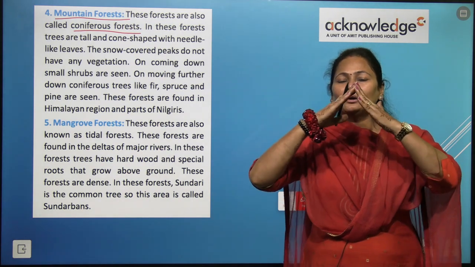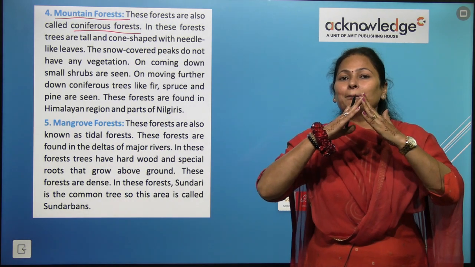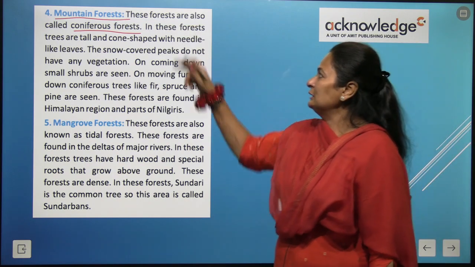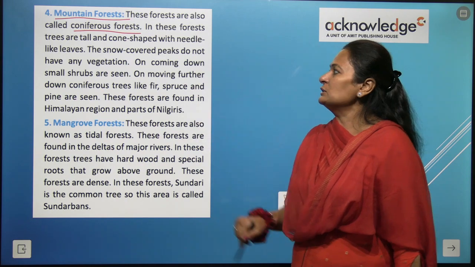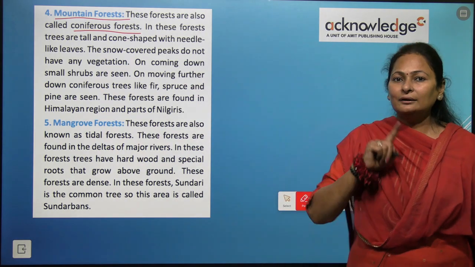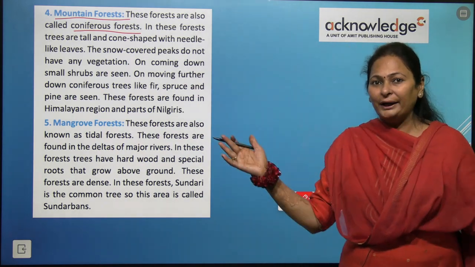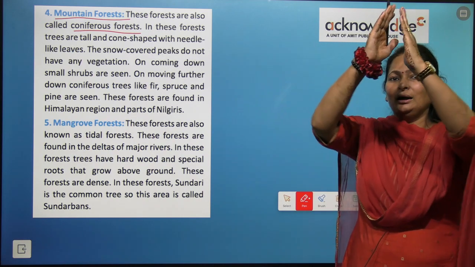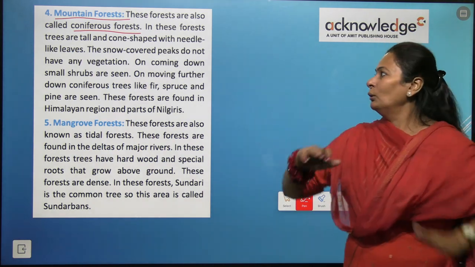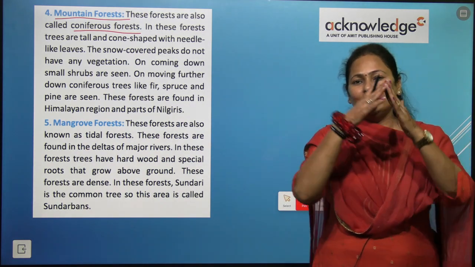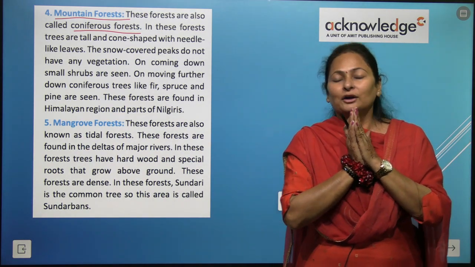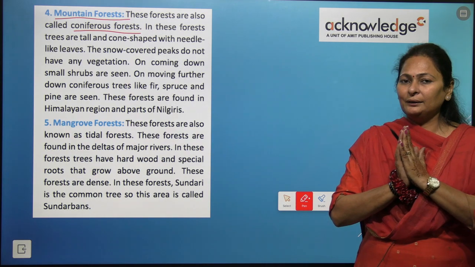These trees are conical in shape, right? So these forests are also called coniferous forests. In these forests, trees are tall. They are not wide. They are tall and in the cone shape with needle-like leaves. Why do they have needle-like leaves? Do you remember that chapter?